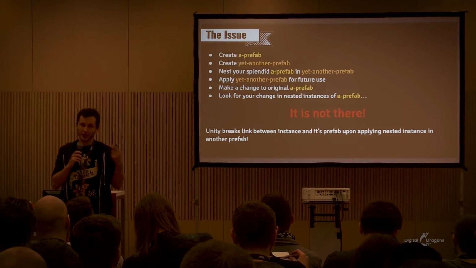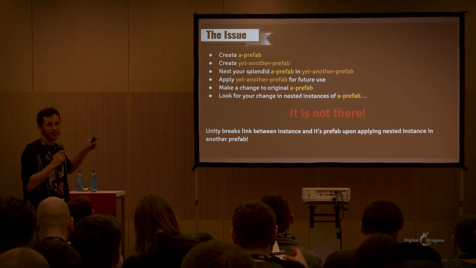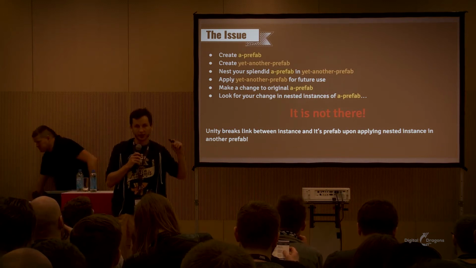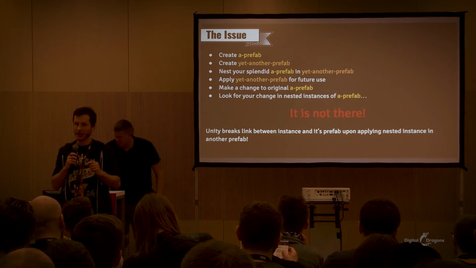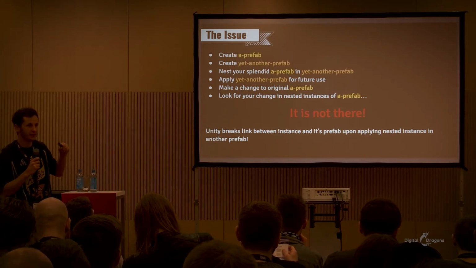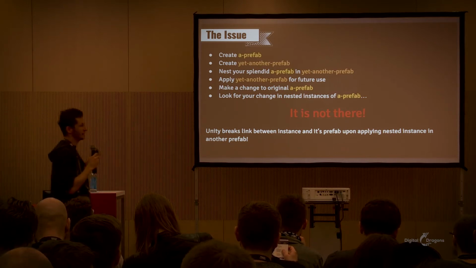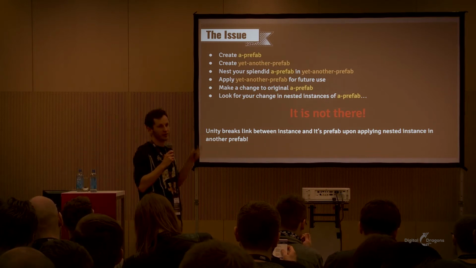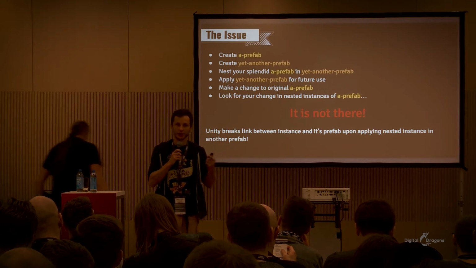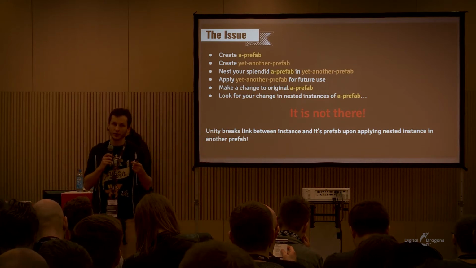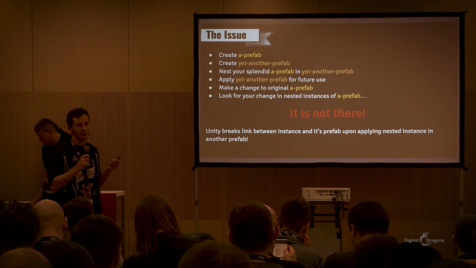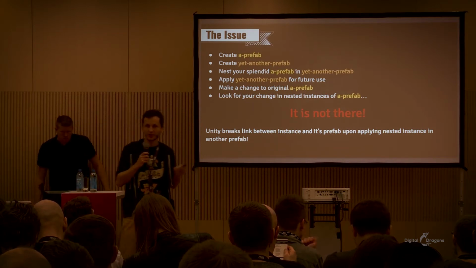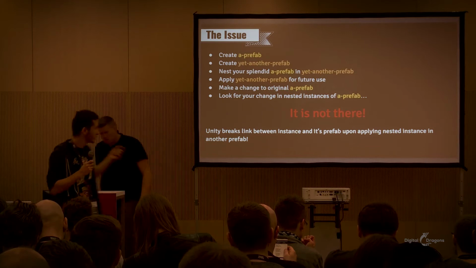Because upon applying the top-level prefab, the confirmation window prefab, Unity breaks the links to the nested prefabs. They are not connected to the button prefab. They're only connected to the top-level prefab, the confirmation window in our case. So we lose the flexibility to change things in a clean and fast way. Generally, that's the issue.